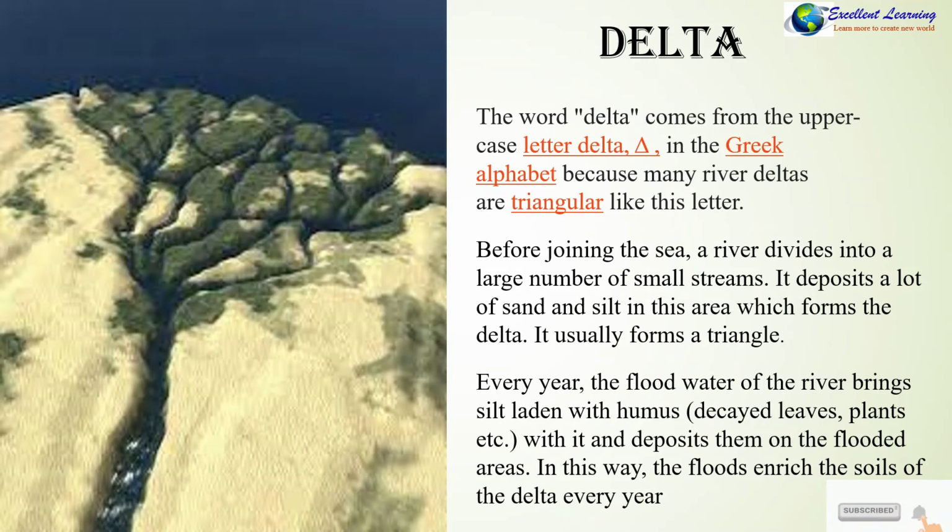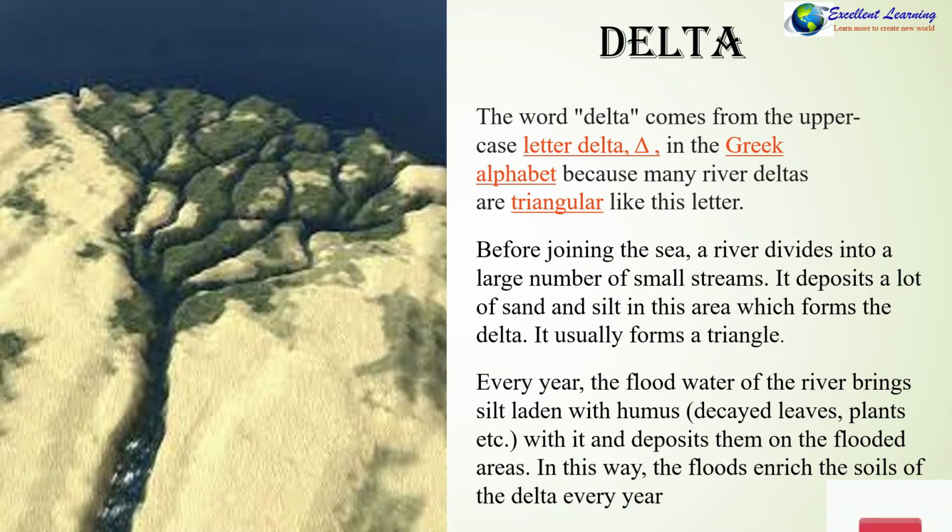Children, let us see what is meant by delta. The word delta comes from the uppercase letter delta in the Greek alphabet, because many river deltas are triangular like this letter.